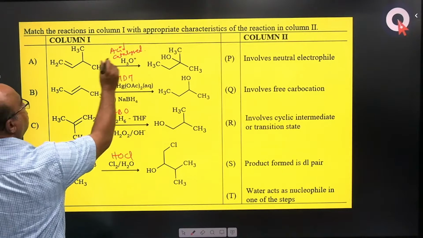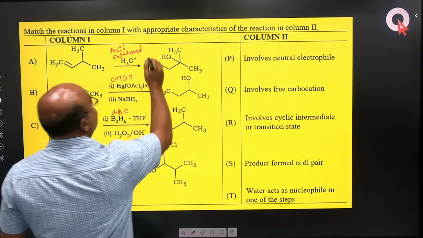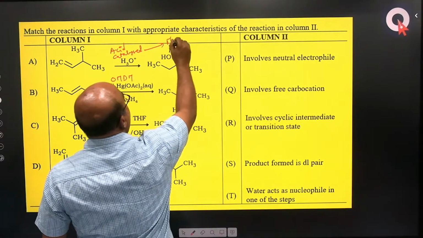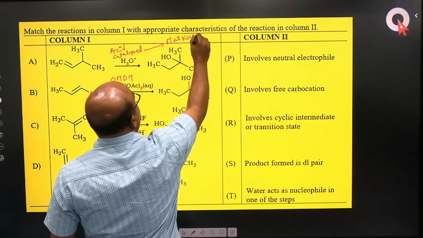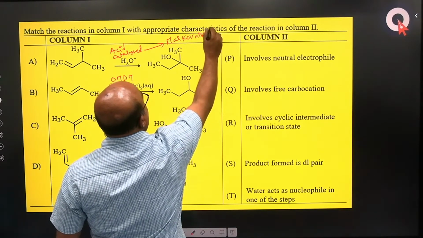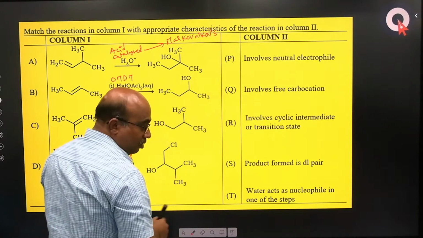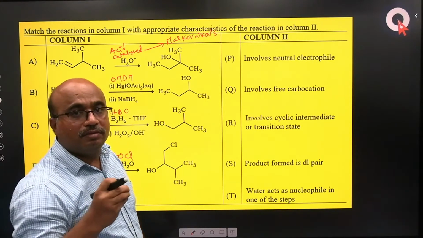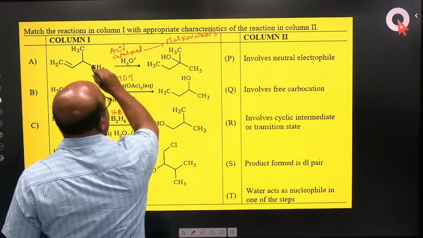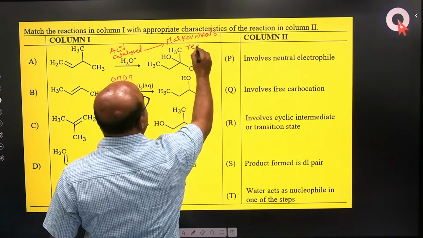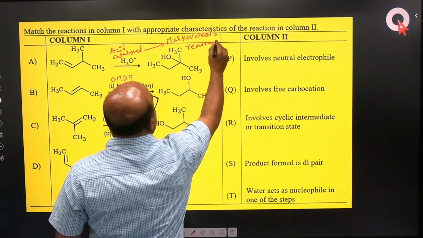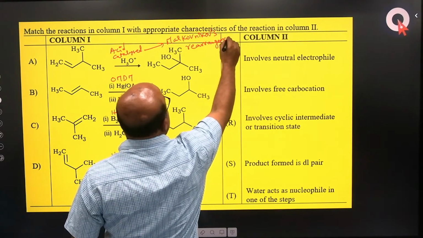But acid catalyzed addition follows Markovnikov rule. You can say simply MR. And the reaction proceeds through rearrangements. So rearrangement also exists.